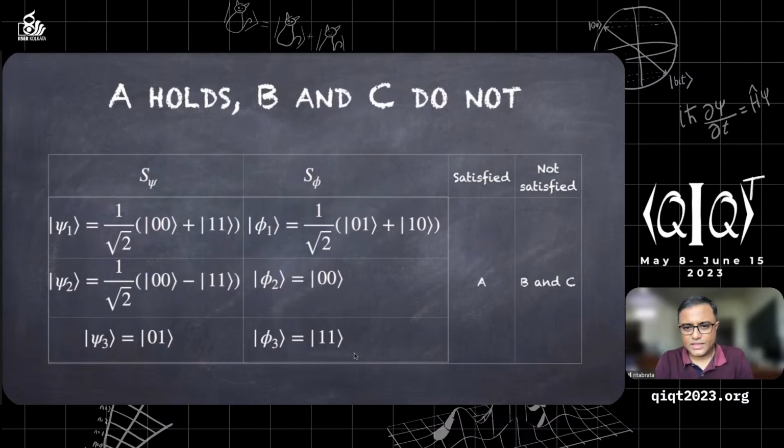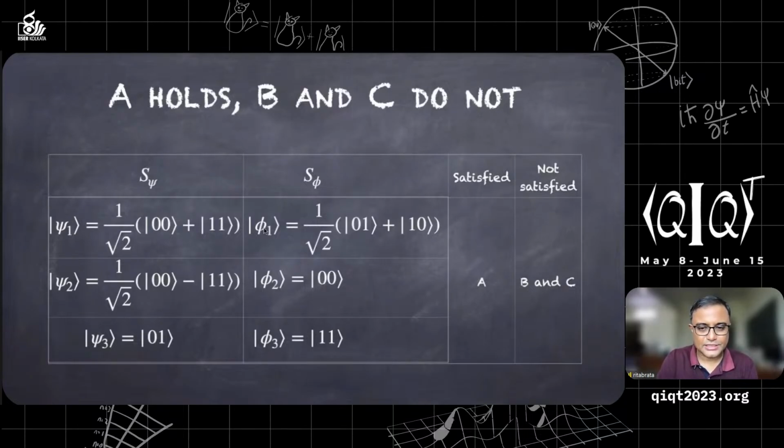It is easy to check that the first condition is satisfied. You don't even need to look for Nielsen's criteria. I can leave it as an exercise for the students who are here to find a local unitary transformation which changes psi 1 to phi 1.